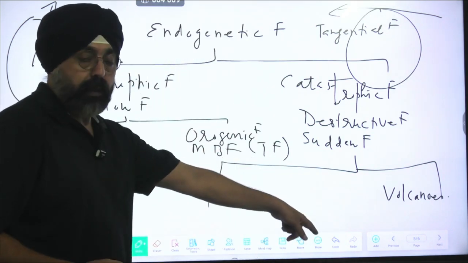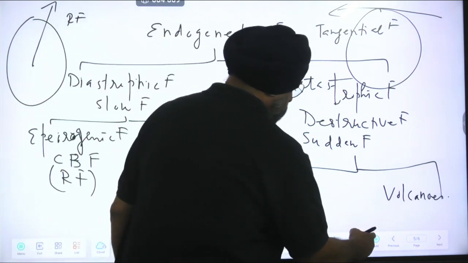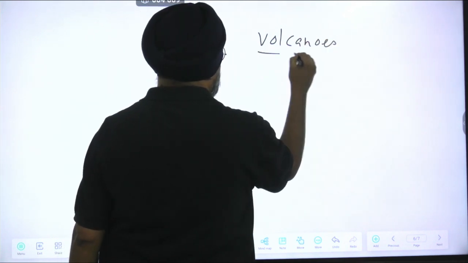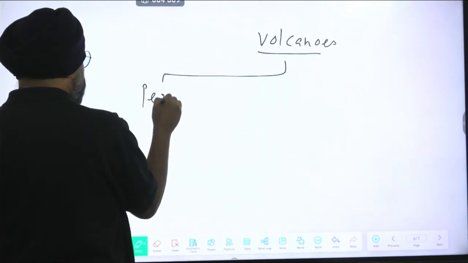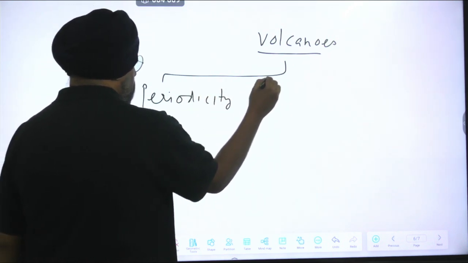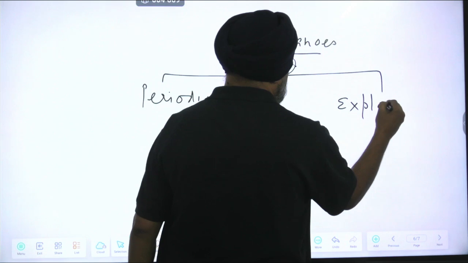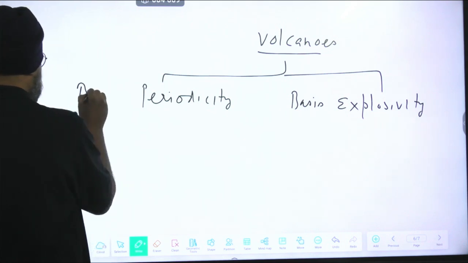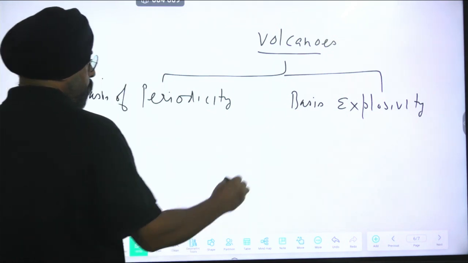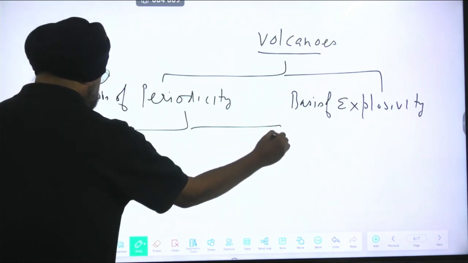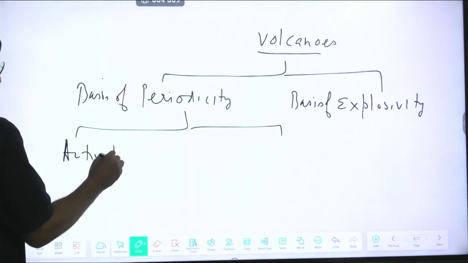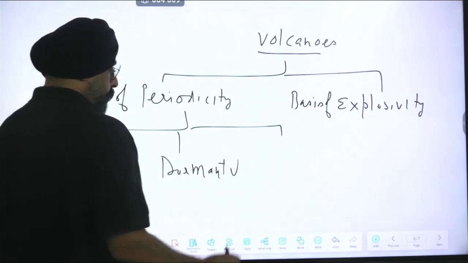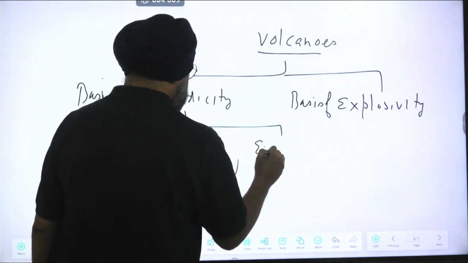You have to come down under the volcanoes, right? These volcanoes, on the basis of periodicity, are of three types: active volcanoes, dormant volcanoes, and extinct volcanoes.